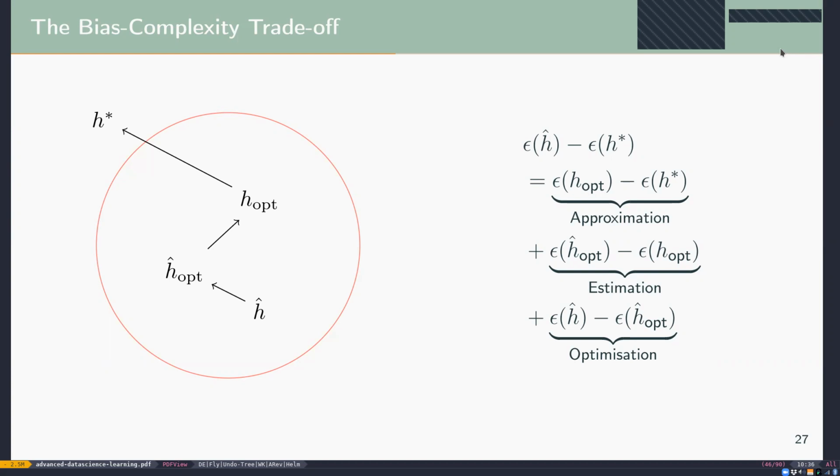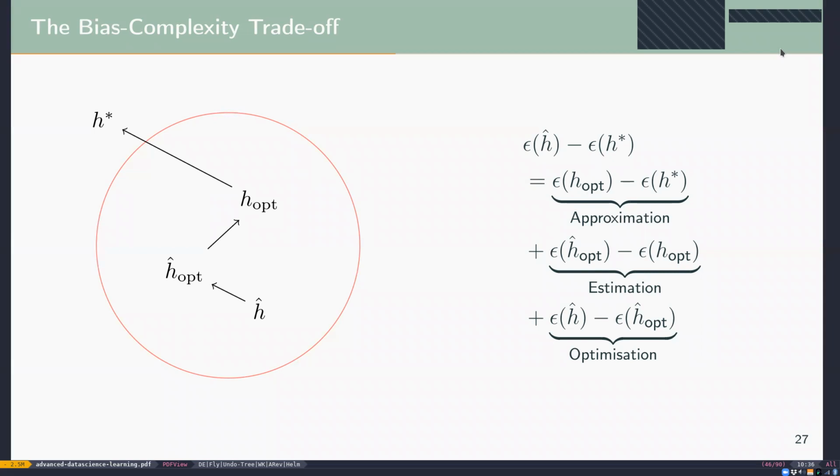Then I have the error between the optimal one on the training data set and the optimal one on the true distribution within the domain. That's effectively my estimation error, so what is introduced by getting a data set which is not representative.